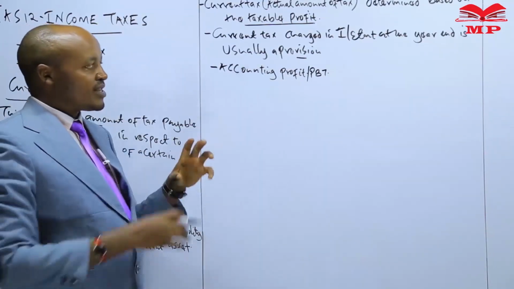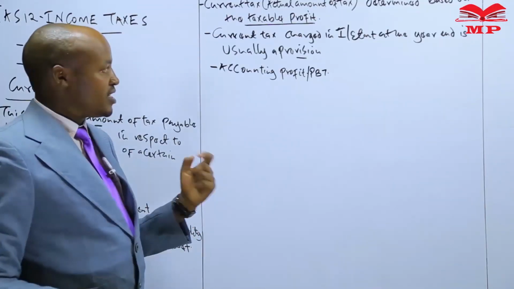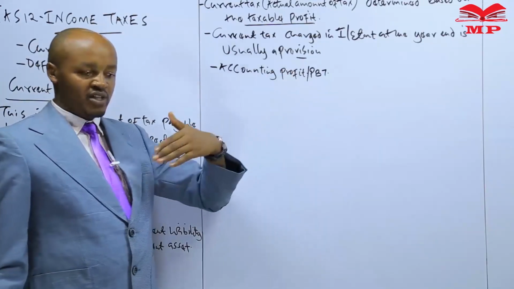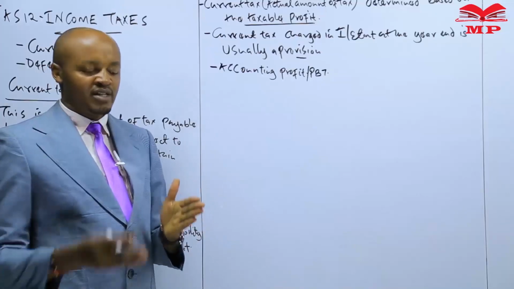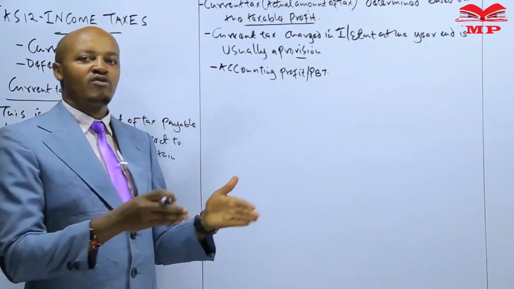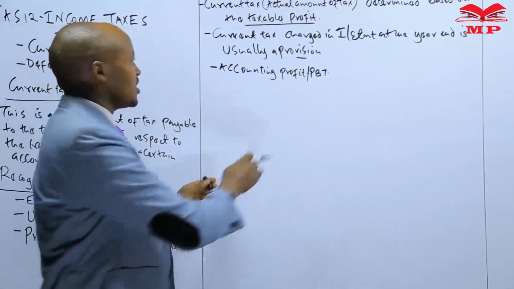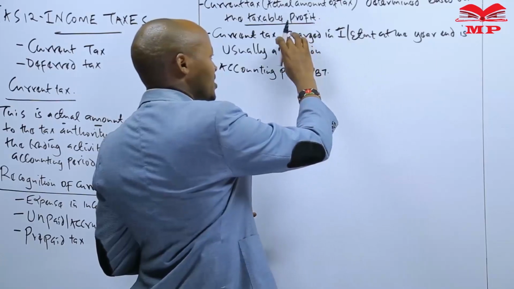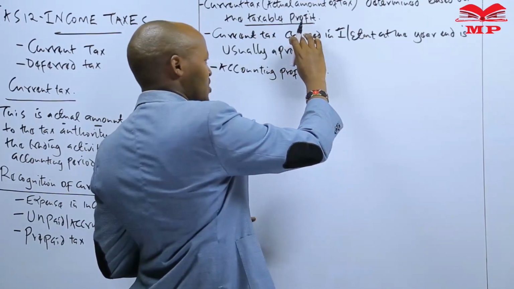That particular amount of tax which we provide for in the income statement will actually be a provision, because the taxable profit can only be determined after the preparation of the income statement. So it is very important that this amount of current tax which we charge in the income statement is not the actual amount of tax which will be paid, but rather it is a provision.